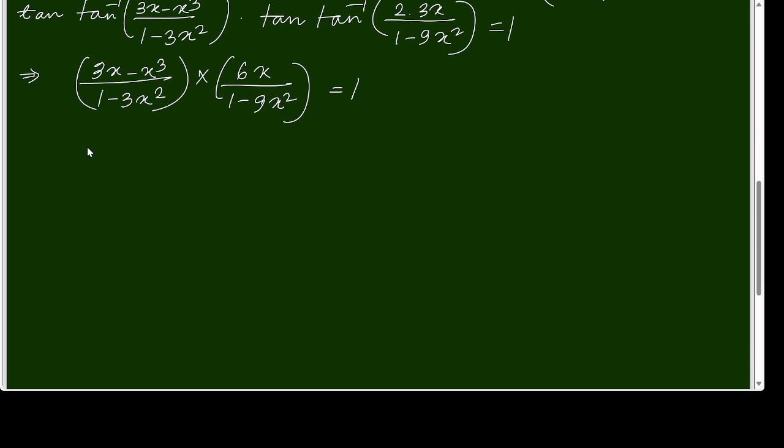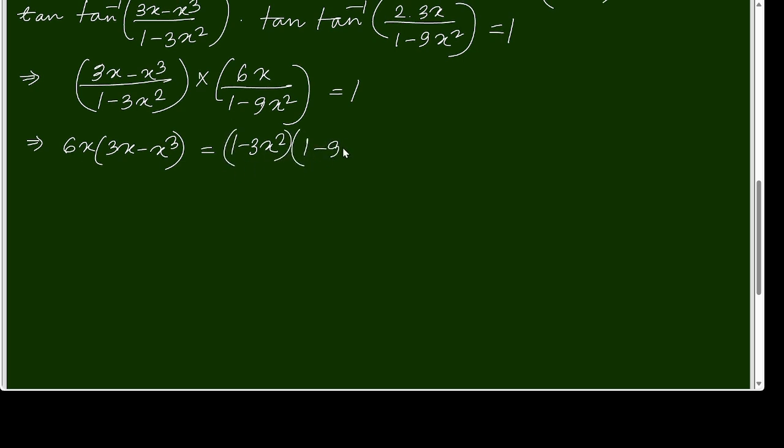So let us simplify further. So it will be 6 times x multiplied by 3x minus x cube equals 1 minus 3x square into 1 minus 9x square.